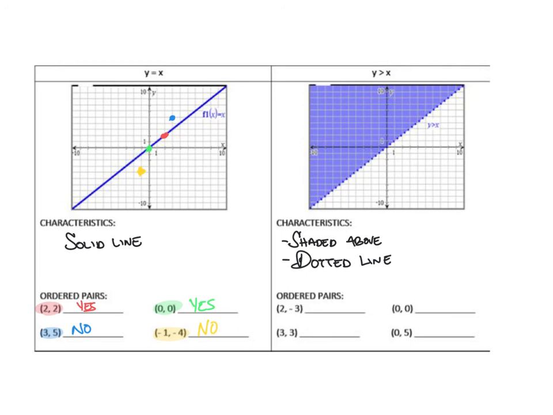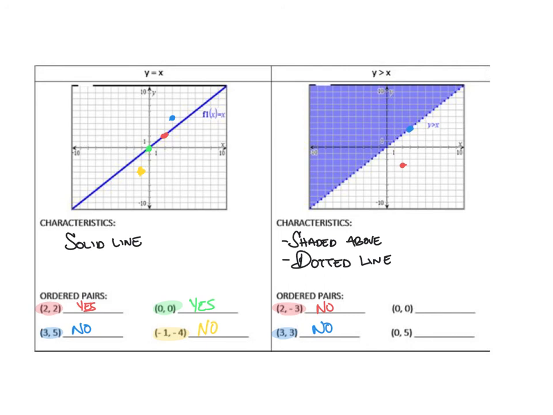Now let's compare that to the inequality. So first I have 2, -3. So 2, -3 is right here. Is that a solution? No, because it's not in a shaded area, it's not on a solid line. Then I have 3, 3. That point is 3, 3, right here. Now that point is on a dotted line. It is not a solution because only solid lines are part of my solution.